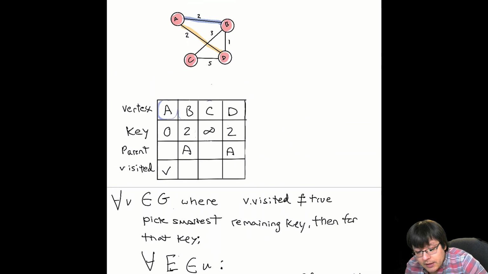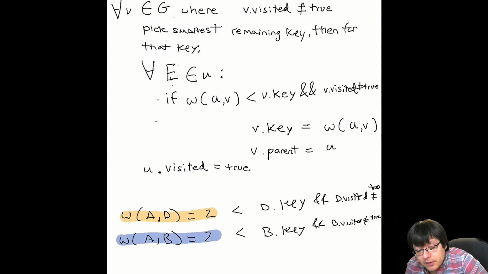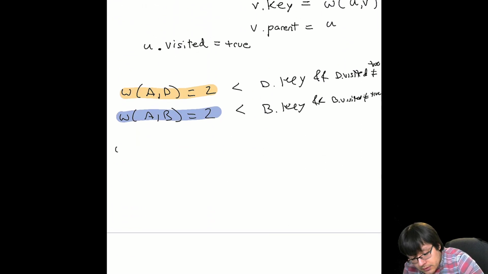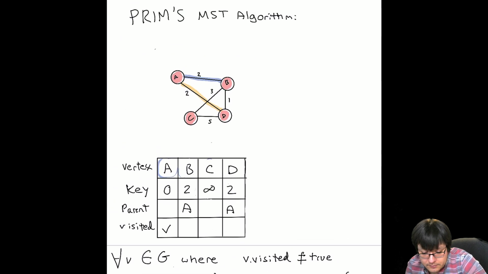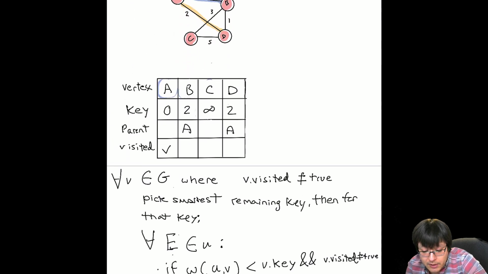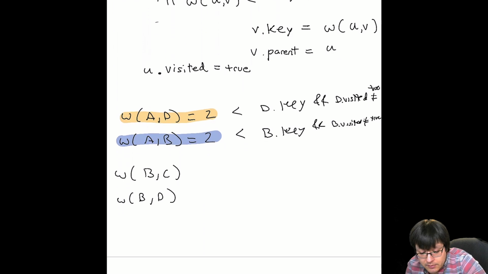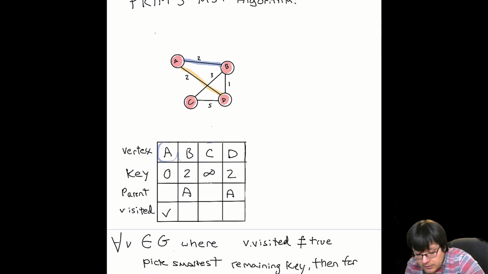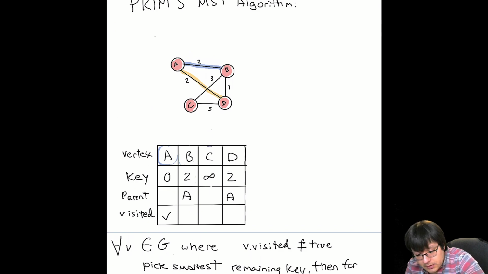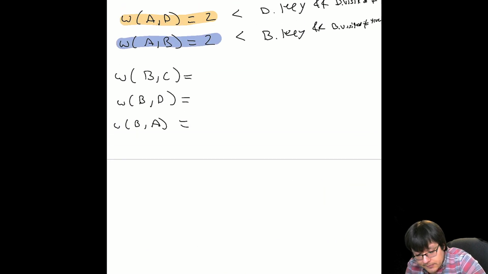So B has two edges coming out, B to C and B to D. So that's going to be the weight from V to C and the weight from V to D. And also actually B to A. Yeah, there's another edge coming out from B to A. And so these values are equal to, actually, to stop having to scroll around, let me go ahead and just move this down here.